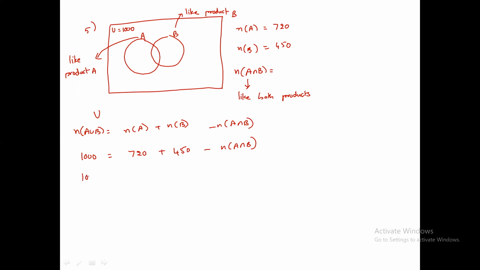So I can write 1000 equal to 1170 minus n of A intersection B. Or n of A intersection B is 1170 minus 1000, that is 170. It's very simple. Next, we will go to question number 6.